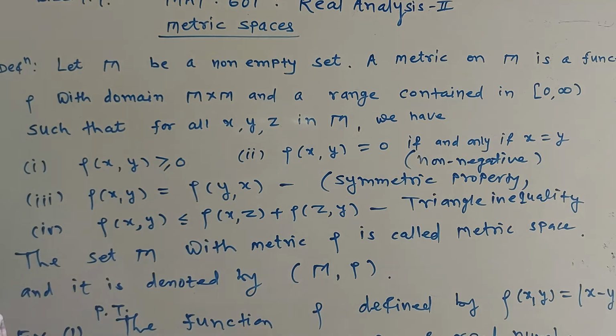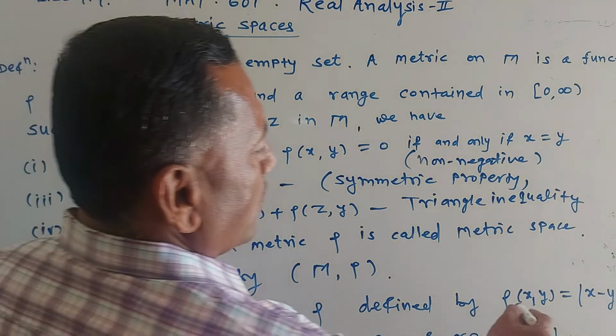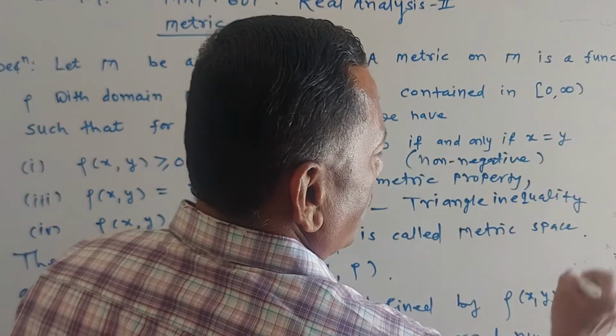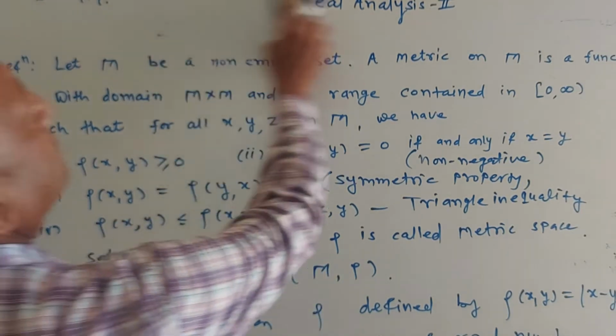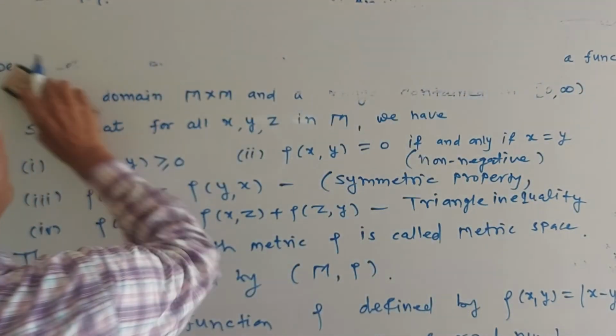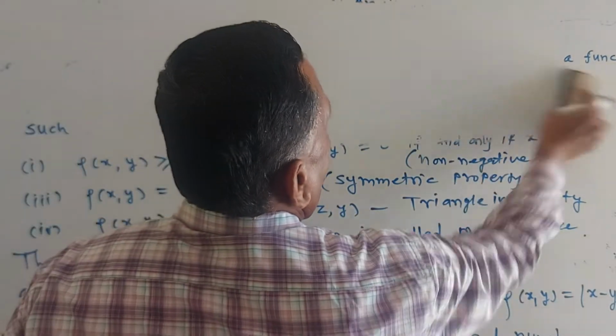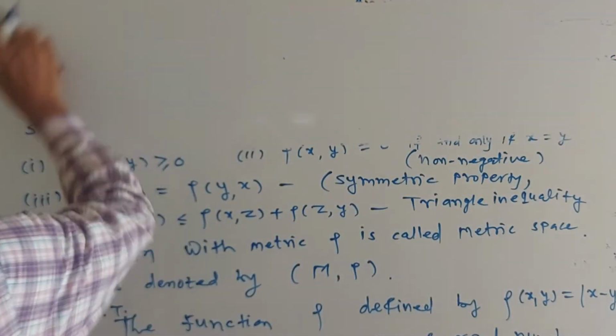Now we see one example on this metric space. Verify or prove that the function rho defined by rho of xy is equal to mod of x minus y is a metric for the set R of real numbers, (R, rho). Solution. What is given?